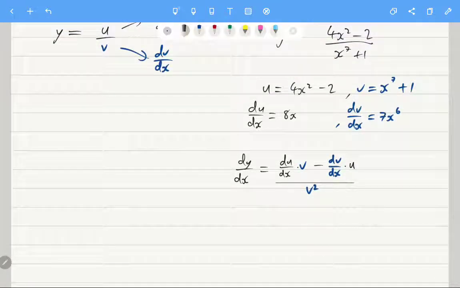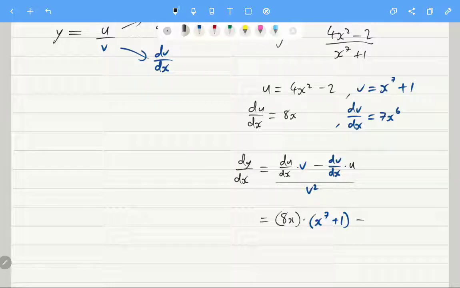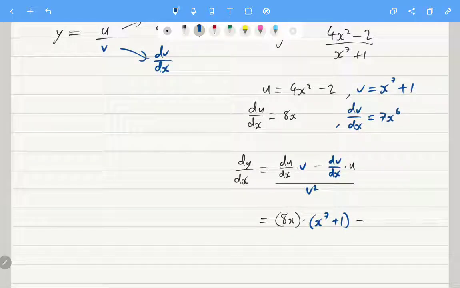Alrighty, so du dx is 8x times v, and subtract the derivative of v, 7x to the 6, multiplied by the original function u, 4x squared minus 2.